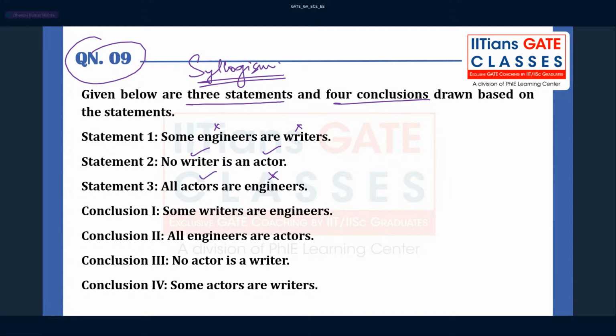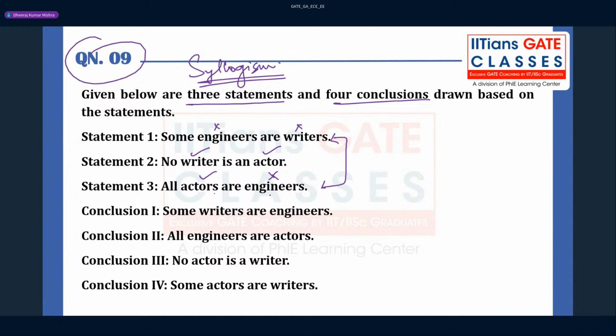Okay. Now you see, guys, if you combine this and this, you can say statement one and three, here no conclusion you will get, because you see the common is nothing but the middle term. The middle term here is engineers, and engineers.